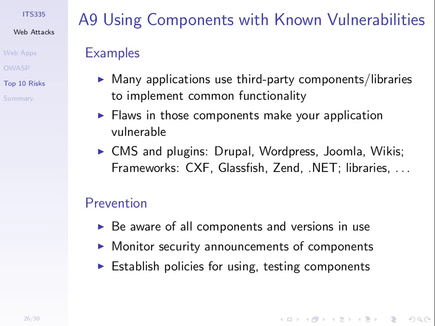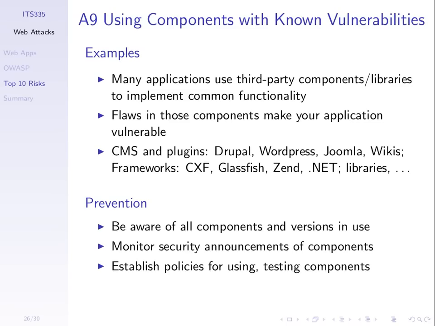So using most large websites, the people who implement them don't implement everything themselves. They use software from other projects, from other systems. For example, using other libraries, other application development frameworks, content management systems.